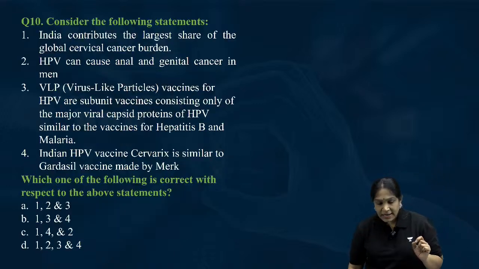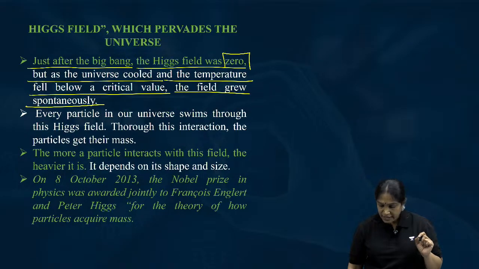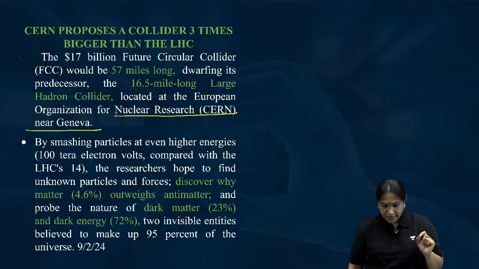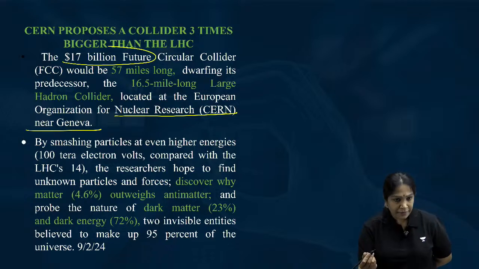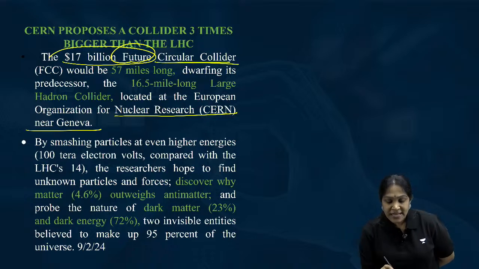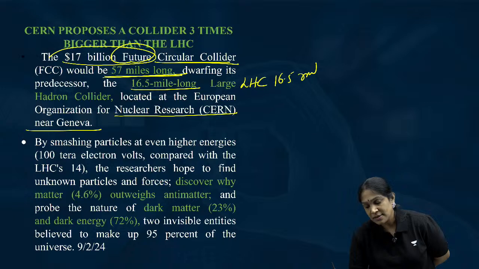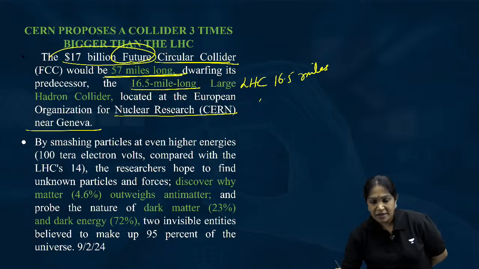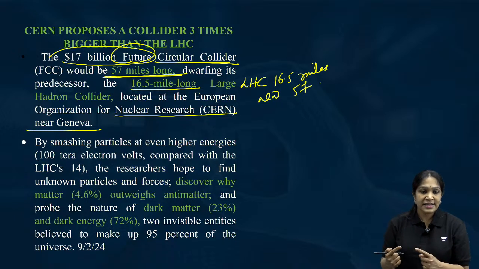Now they are planning to make a 17 billion dollar Future Circular Collider which is 57 miles. The Large Hadron Collider is 16.5 miles, but the new one will be a bigger one, which can accelerate the protons much faster. Is it clear?